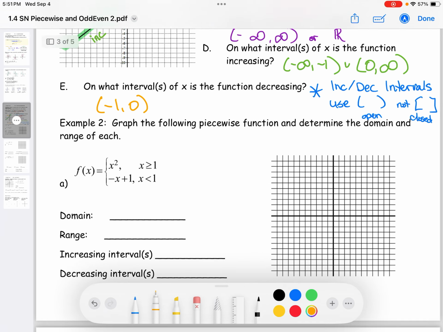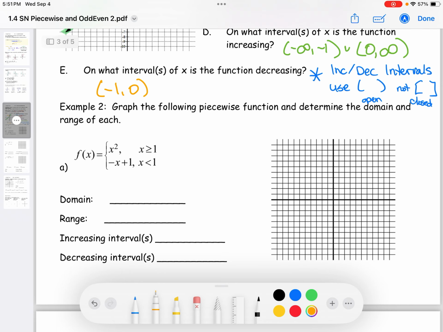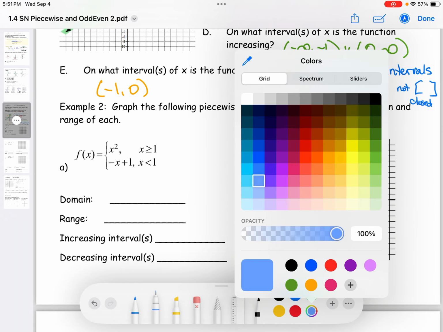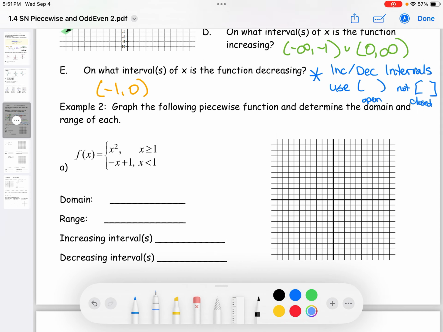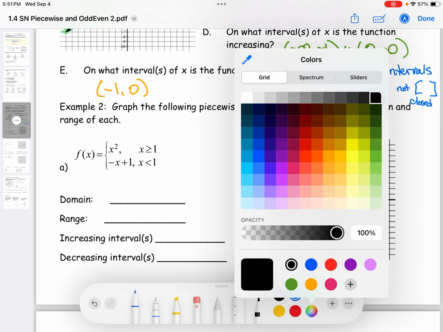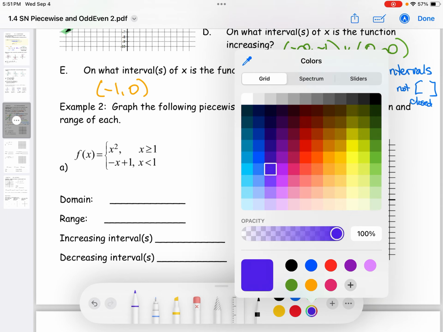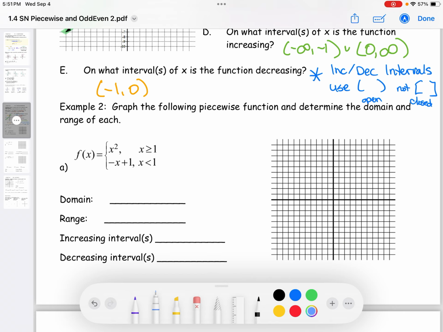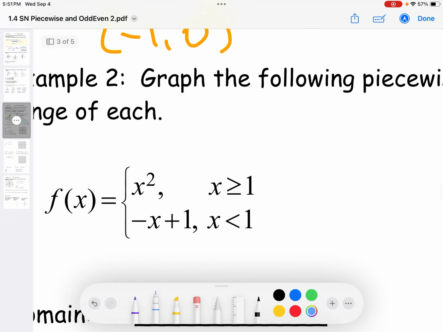Now, let's look at example 2, and we're going to graph this. To graph this, we need to plot the points, and then we need to connect just the piece of the domain that we're using. Remember f of x is y.